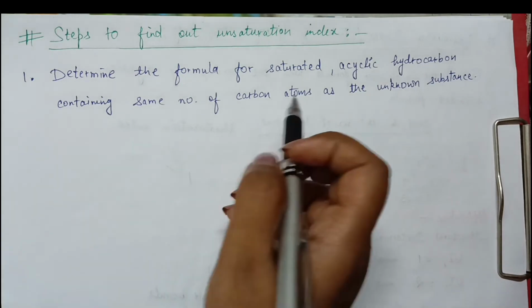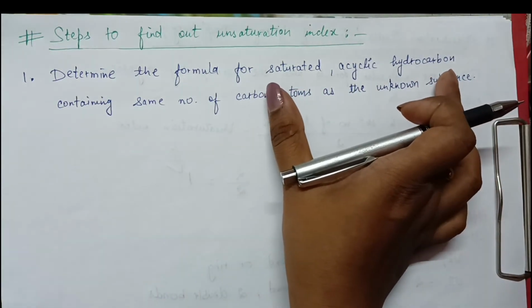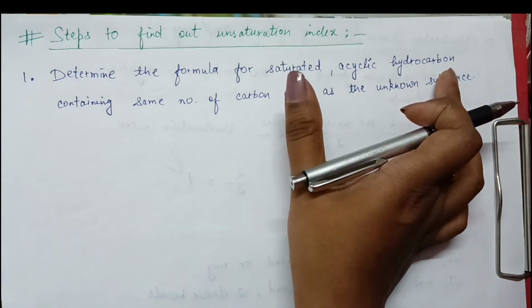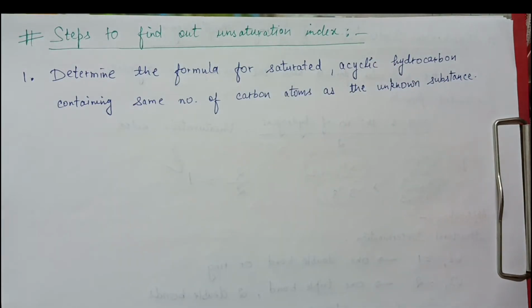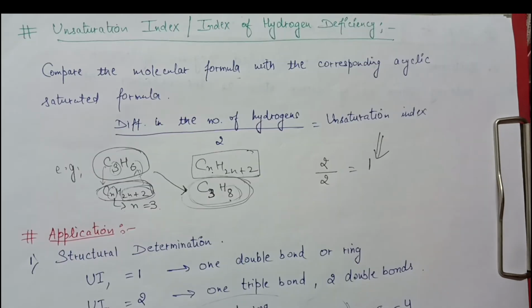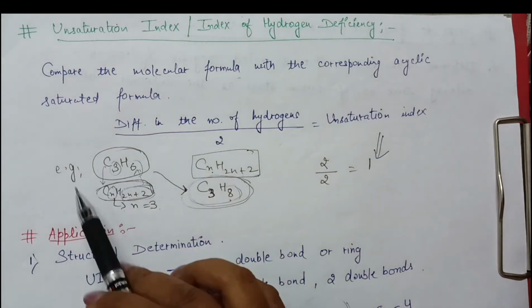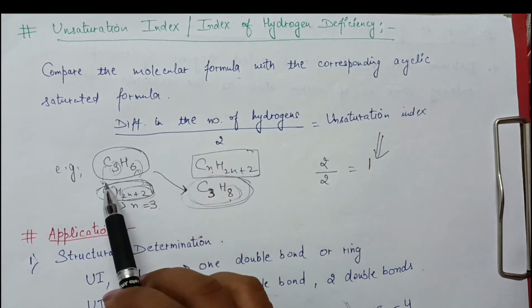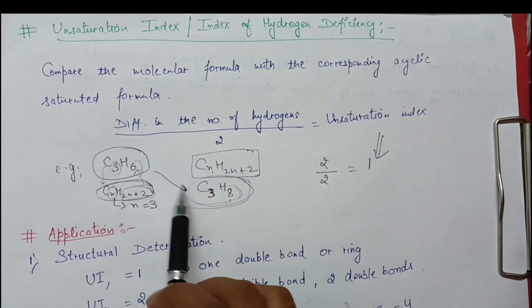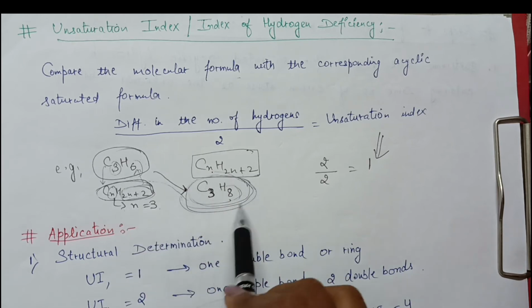So we will determine the formula for the saturated acyclic hydrocarbon just like we have done in the previous example. We discussed one small example. Let me just show you. So this is the example. Here we have taken the formula of the corresponding acyclic saturated hydrocarbon.